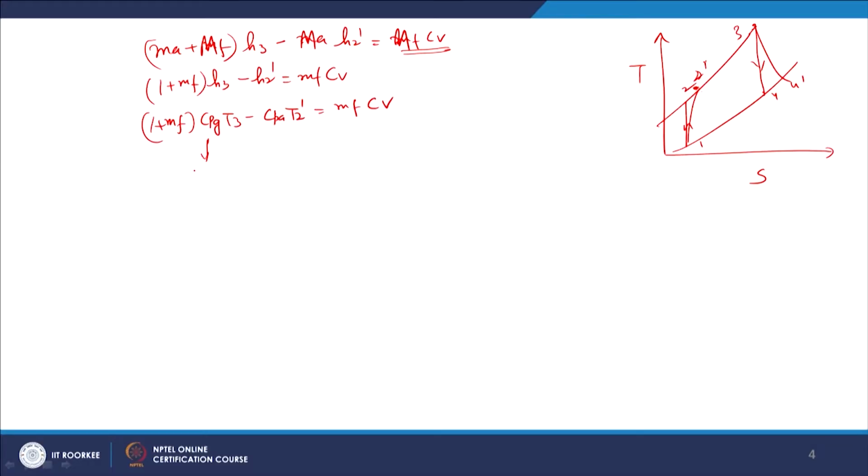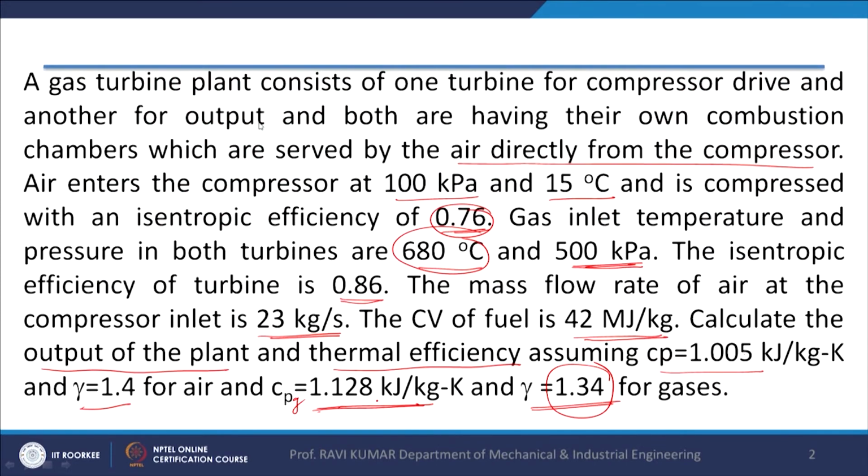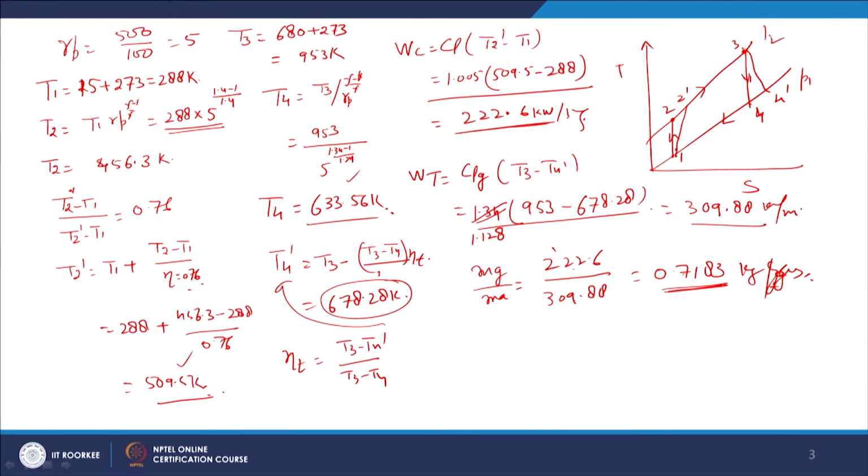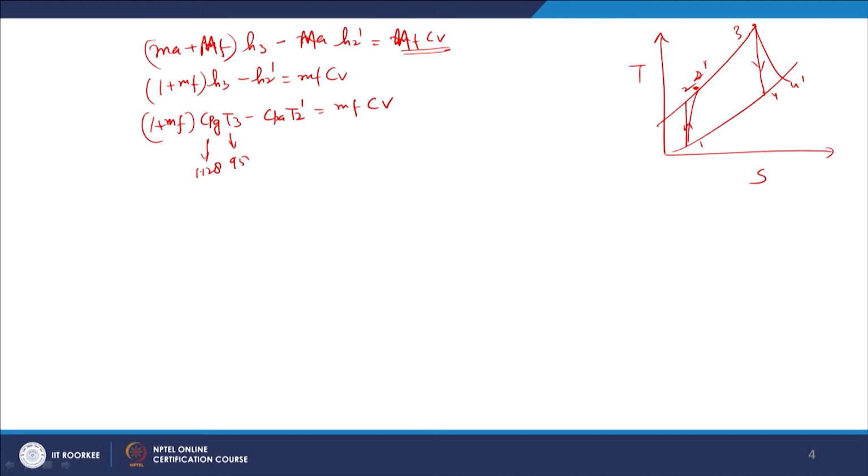T3 is also known to us, we calculated it earlier, 953 Kelvin. CPA is 1.005. T2 dash we also calculated earlier. CV is known to us, 42,000 kilojoules, because we are dealing in kilojoules and kilowatts.